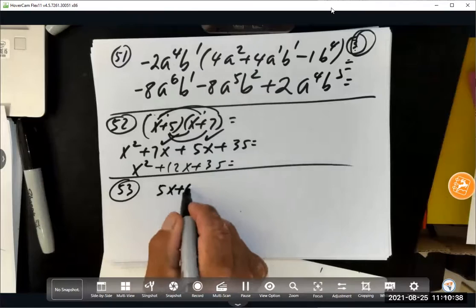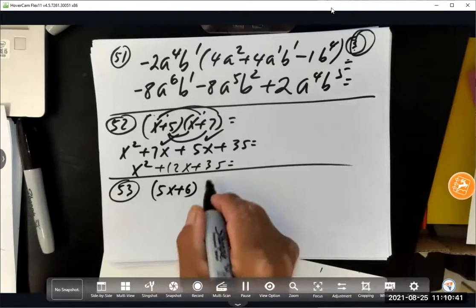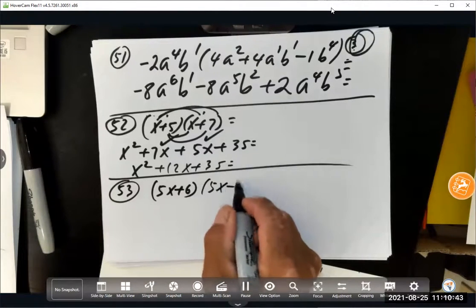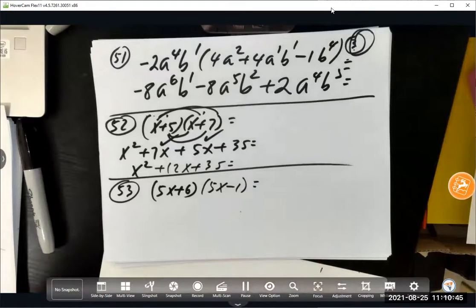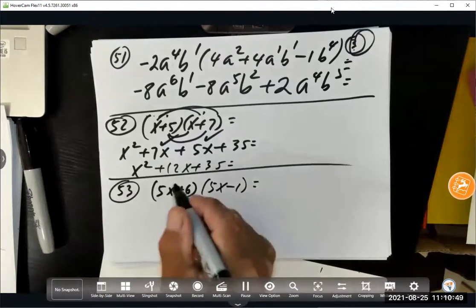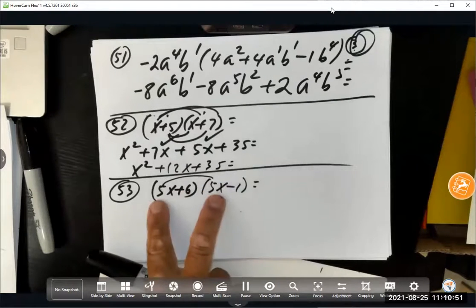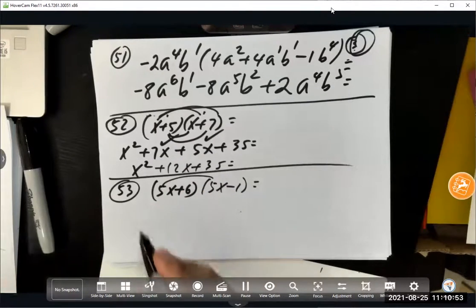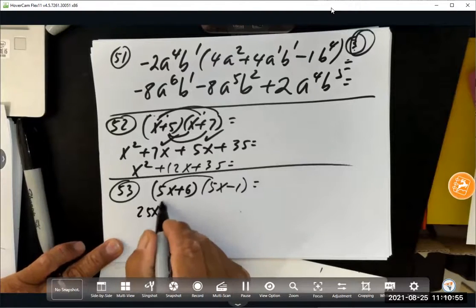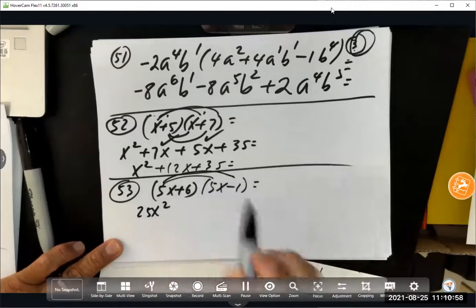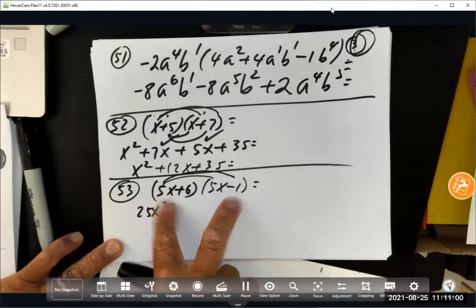5x plus 6 times 5x minus 1. So, what is this going to be? 5 times 5? 25x squared. And what's 5x times negative 1? Negative 5x.